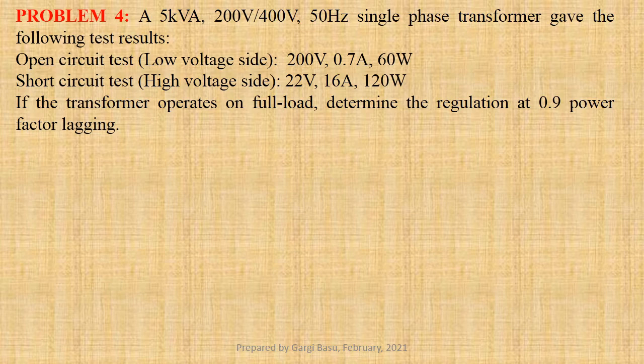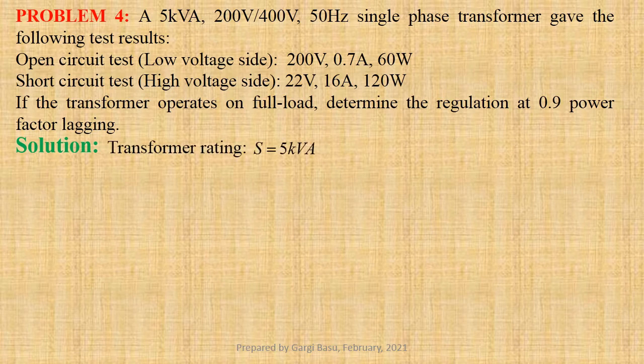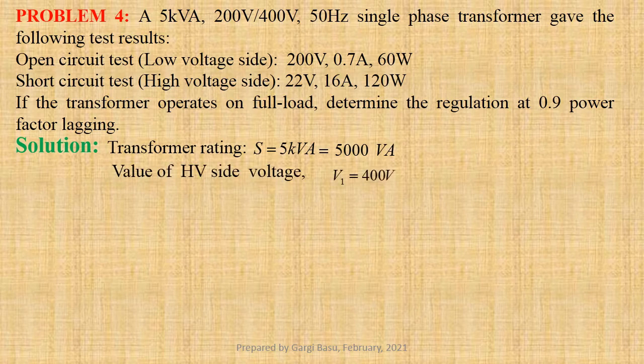Let us first jot down the given data. Transformer rating S equals 5 kilovolt ampere, that is equal to 5000 volt ampere. Value of high voltage side voltage V1 equals 400 volts.